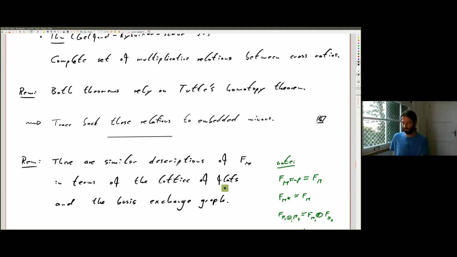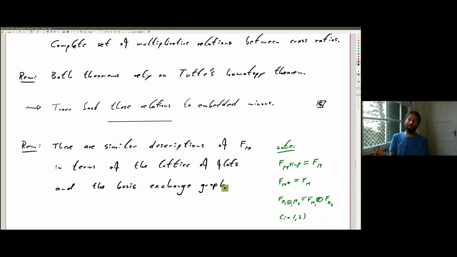So there are different cryptomorphic descriptions of the foundation in a sense, in terms of lattice of flats, basis exchange graph, and some other things that I didn't mention here explicitly.